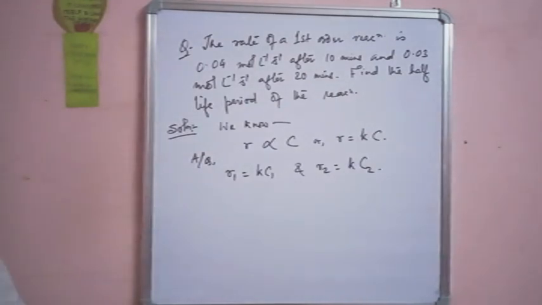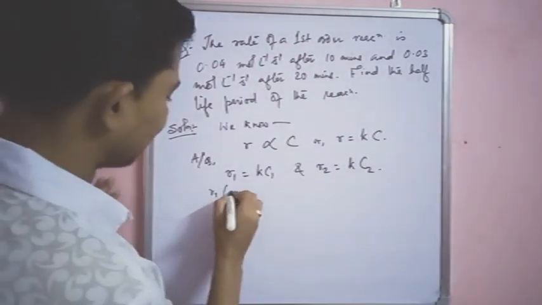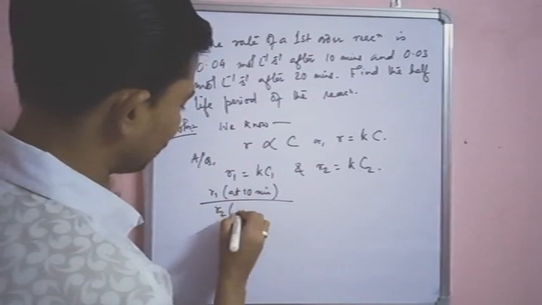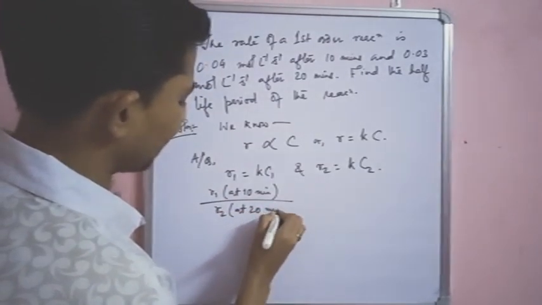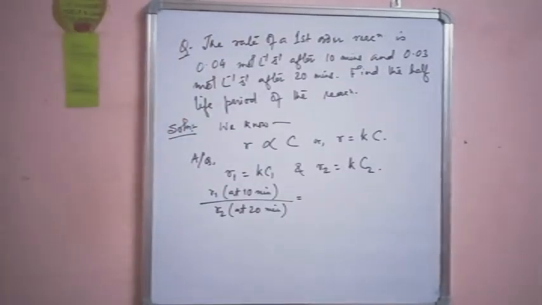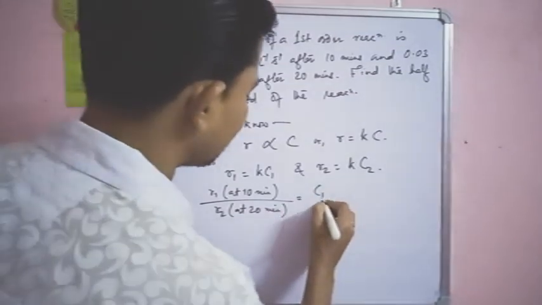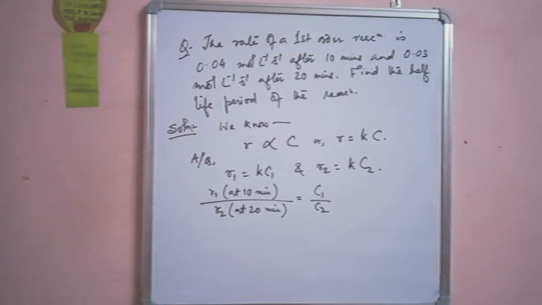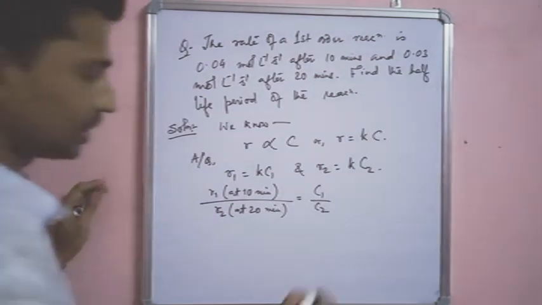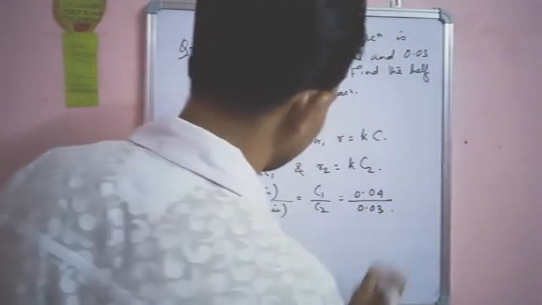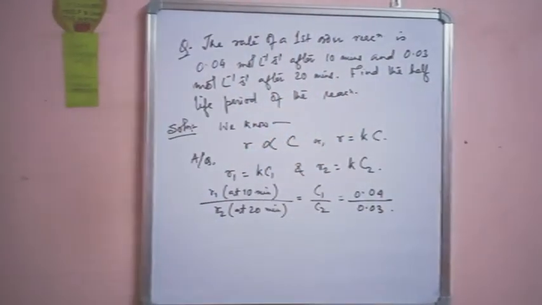So R1 at 10 minute divided by R2 at 20 minute is equal to C1 by C2, K कैंसिल हो जाएगा. Which is equal to 0.04 mole per liter and 0.03 mole per liter, so 0.04 by 0.03. ठीक है, मोल पर लीटर कैंसिल हो जाएगा.